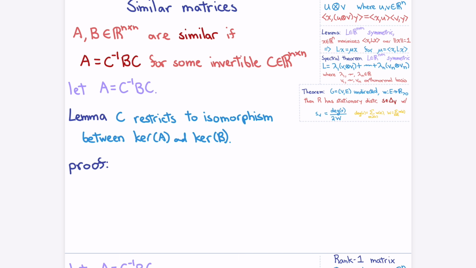Here's one claim. Let A and B be similar. The claim is that C restricts to an isomorphism between the two kernels. What do you mean by restricts?